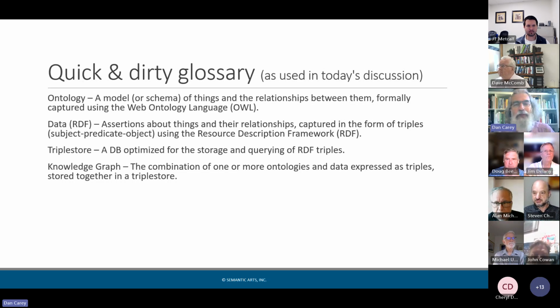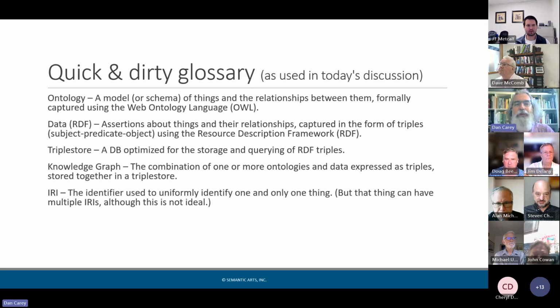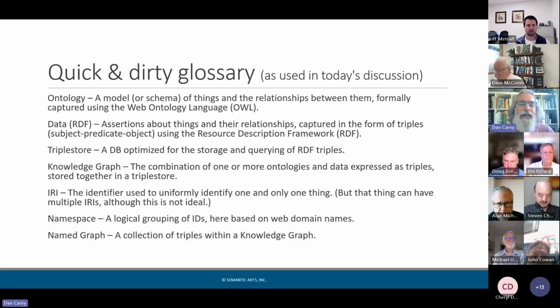So bring all those things together, then you've got a knowledge graph. I explain what an IRI is, what a namespace is, and what a named graph is, which in our case is just a collection of triples within a knowledge graph, but with an identifier giving it a name.